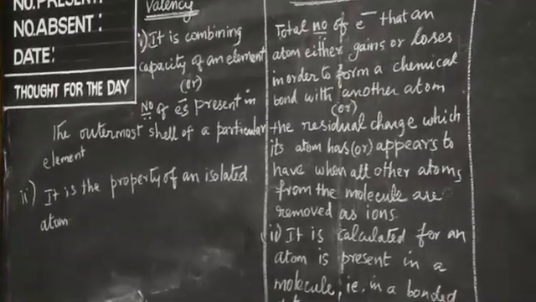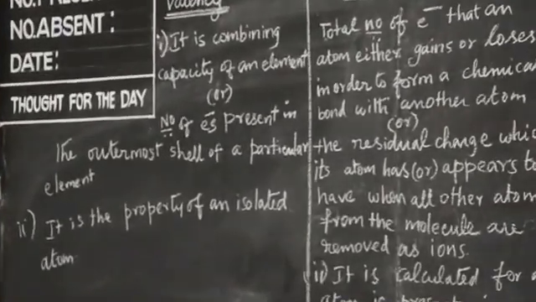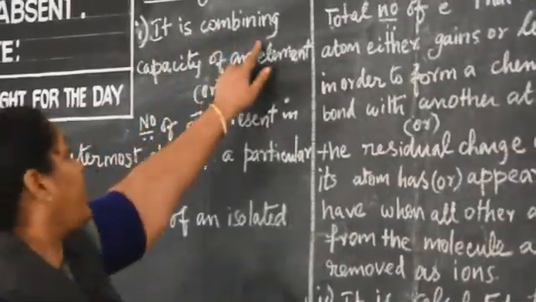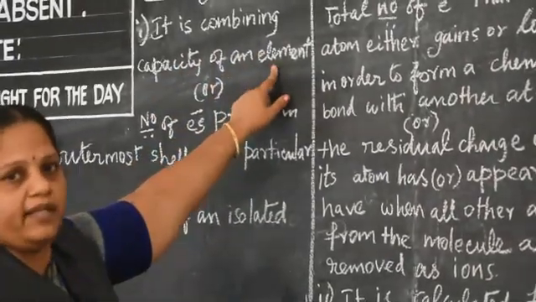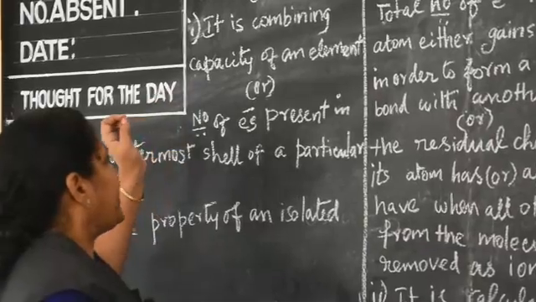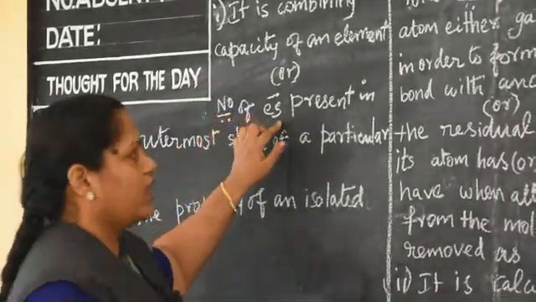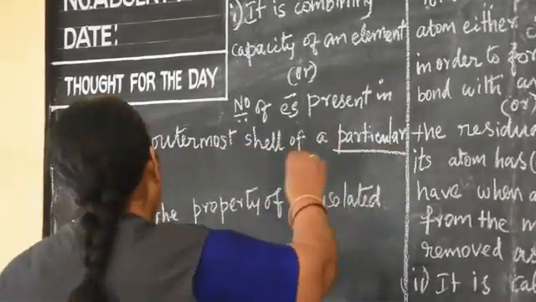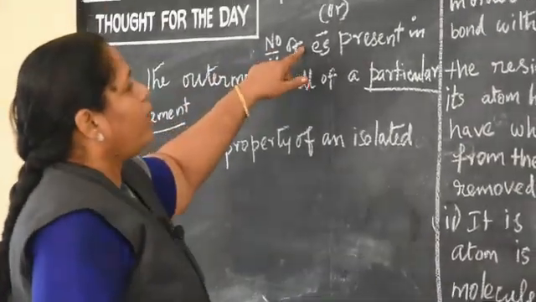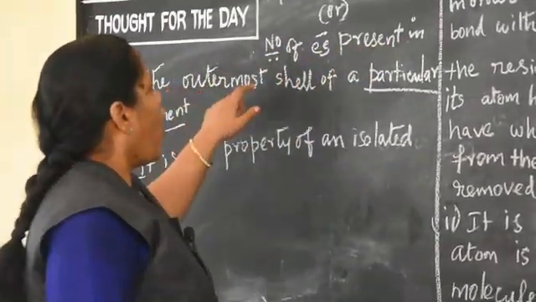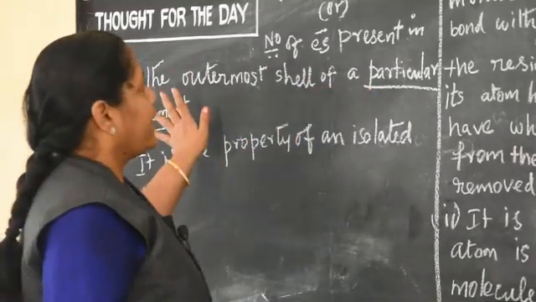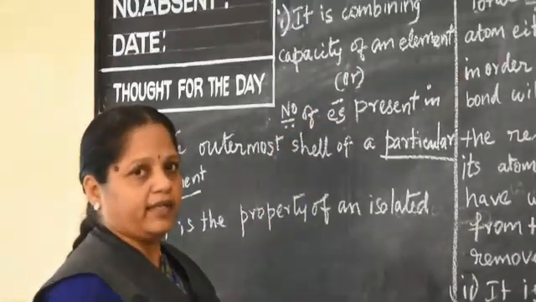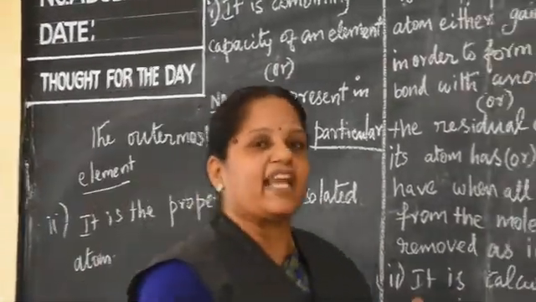Already I told that valency is nothing but the combining capacity of an element, or valency is the number of electrons present in the outermost shell of a particular element. That is an important point. Now, I will take the alkali metals.